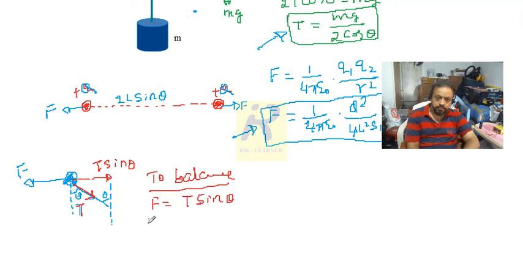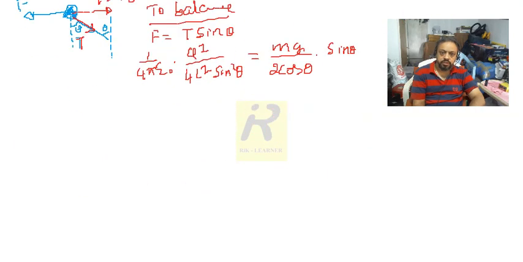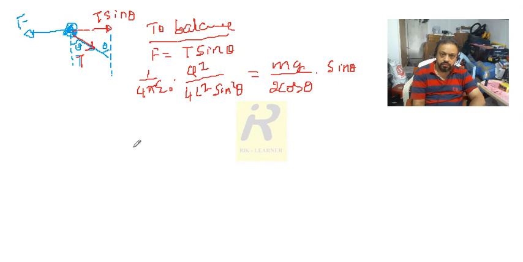How much is F? F is 1 by 4 pi epsilon O into Q square divided by 4 L square sin square theta, which equals T, and T is mg divided by 2 cos theta, into sin theta. What we need is the charge on each balloon, that means Q. To solve for Q, we take everything on this side except Q to the right hand side.